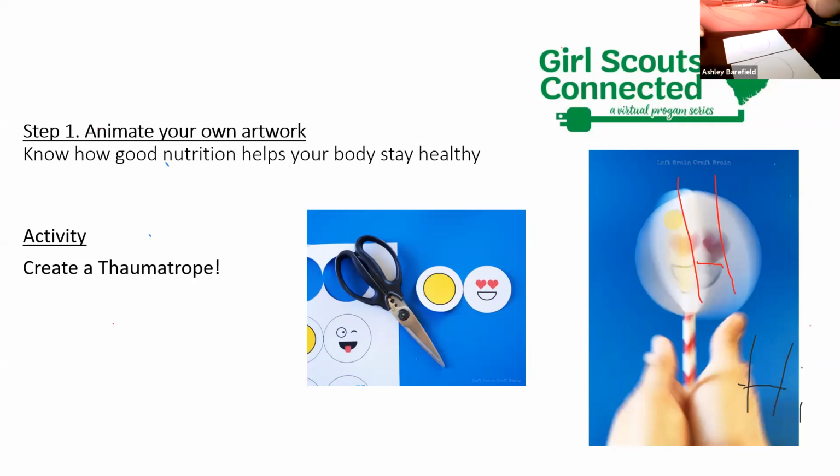So with these circles, we're going to make an emoji. So everyone should know what an emoji is. So for one of the circles, we're going to color it in all yellow. Or you can color it in whatever color you want, but we're going with yellow for me.